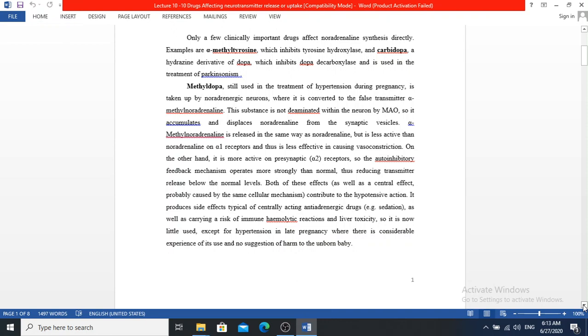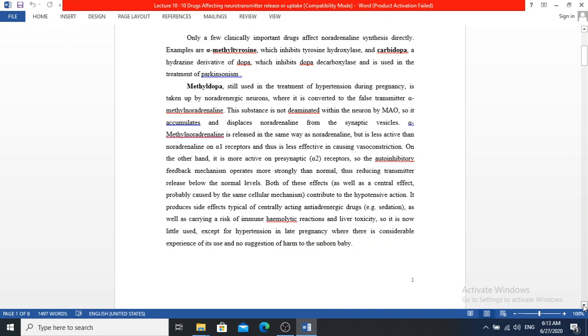So the autoinhibitory feedback mechanism operates more strongly than normal, thus reducing transmitter release below the normal level.